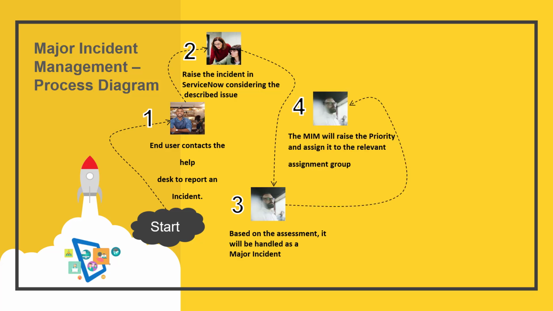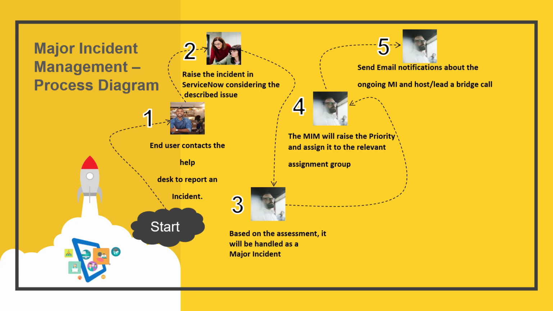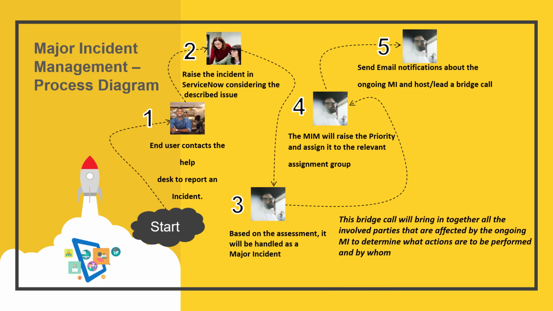Now going back to our main scenario and assuming that the major incident has been accepted, the major incident manager will send out an email notification to all the affected stakeholders and, if needed, he will create a conference call, also to be remembered as a bridge call. This bridge call will bring together all the involved parties that are affected by the ongoing major incident to determine what actions are to be performed and by whom.